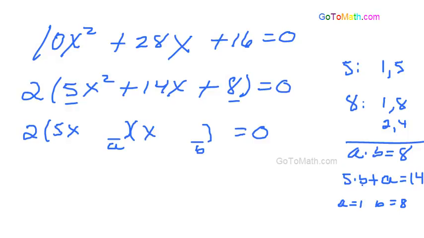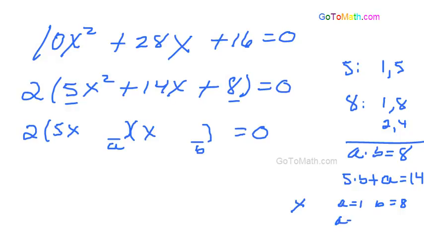Would we get 14? Wait a minute, B is 8. No, that's 40, 41. No, that's not right. Okay, cancel that out.